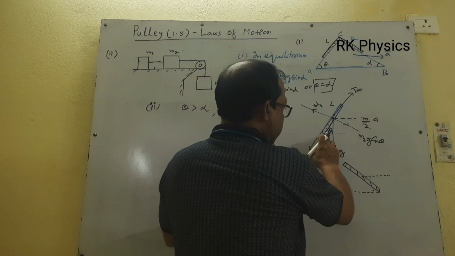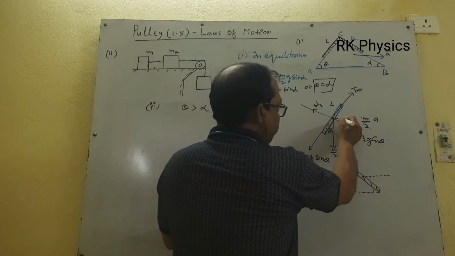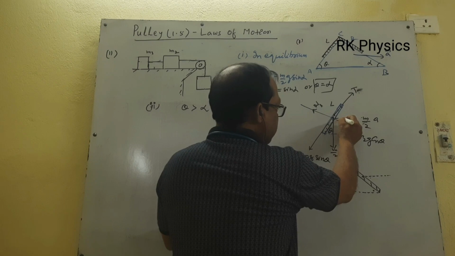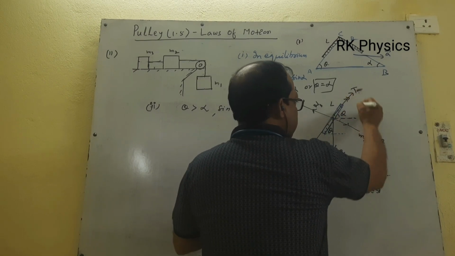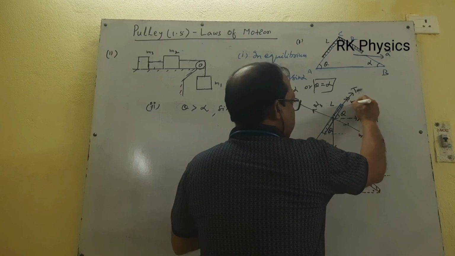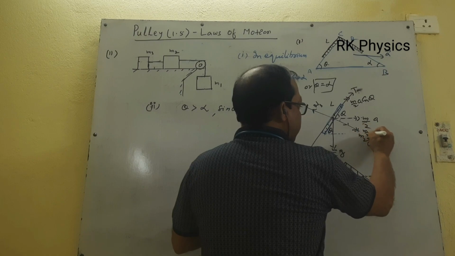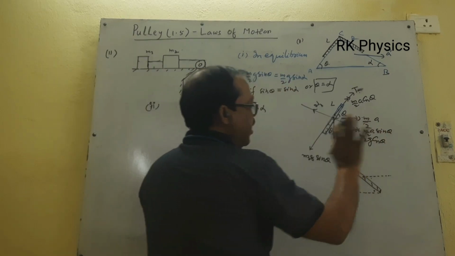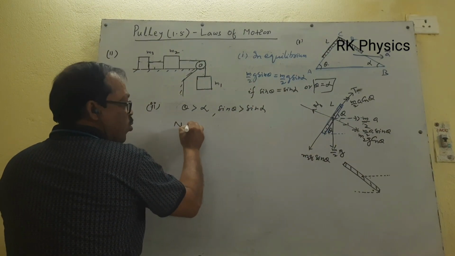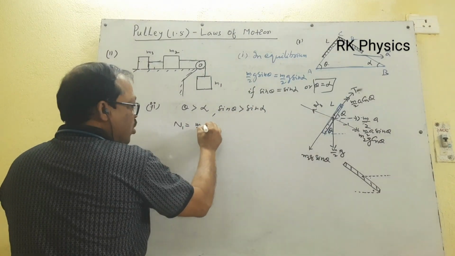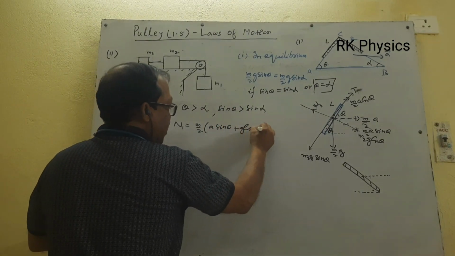Now, as per geometry, this angle is theta. m by 2 a may be resolved into components: this is m by 2 a cos theta and this is m by 2 a sin theta. Now along the normal you write one equation: N1 equals m by 2 into (a sin theta plus g cos theta).